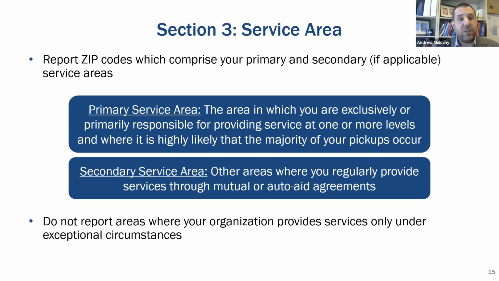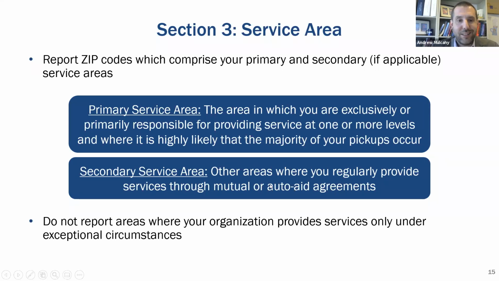There are these outlying areas, though, that some organizations serve only occasionally. For some EMS-based organizations, those are maybe surrounding jurisdictions where you provide services through mutual or auto aid arrangements. And then there's this third category where, once in a blue moon, you might have a pickup in some other area.